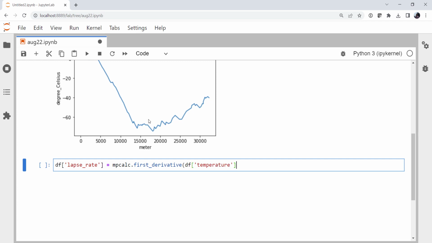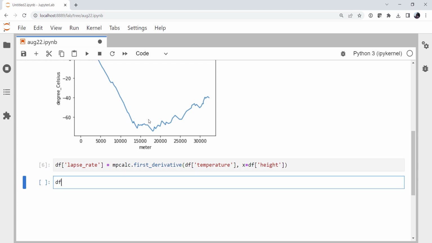So we're going to take the derivative of temperature, and x is our height, because I want a lapse rate not in terms of pressure, but in terms of degrees Celsius per 1,000 feet. Now, 1,000 feet is a little bit of a weird unit, but that is something that we encounter very often in U.S. meteorology.